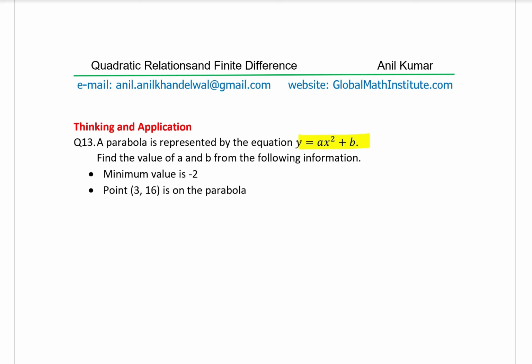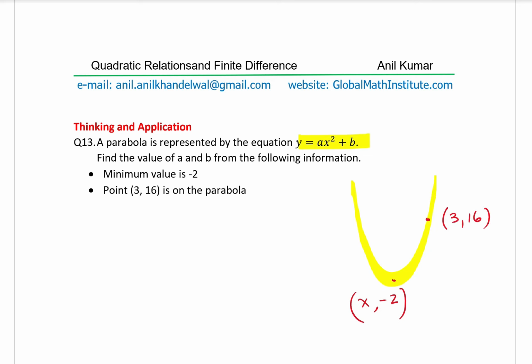Well, if it is a minimum value, the parabola is going to open upwards. Let's say this is the minimum value of minus 2. We don't know what the x value is, so let's write x, minus 2. And another point on this is (3, 16). Let's say this point here is (3, 16).